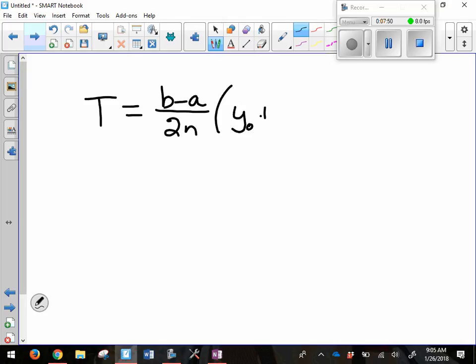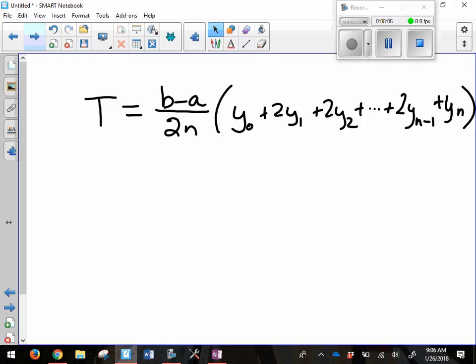And then I have y0 plus 2y1 plus 2y2 plus dot, dot, dot, plus 2yn minus 1 plus yn. Okay, so every height, every base really, except for the first one and the last one, are doubled, which should be the formula that you had in the book. Okay.